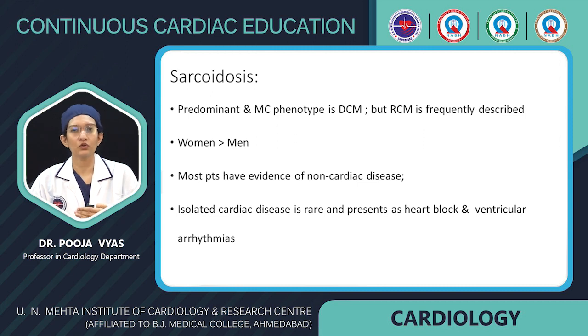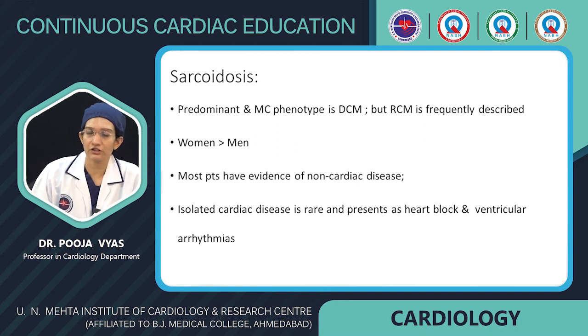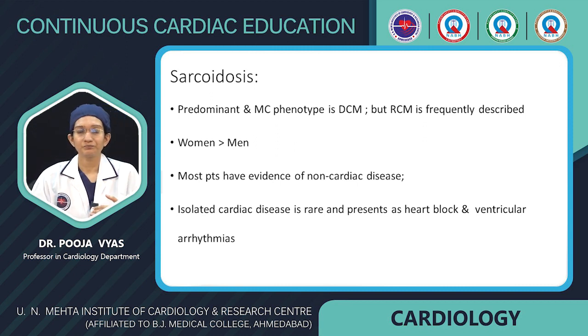It is more commonly found in females as compared to males, and most of the patients have evidence of known extracardiac disease. Isolated cardiac involvement is rare, and if the patient presents with heart block or arrhythmia or unexplained reduced ejection fraction, then we should suspect cardiac sarcoidosis in those cases.